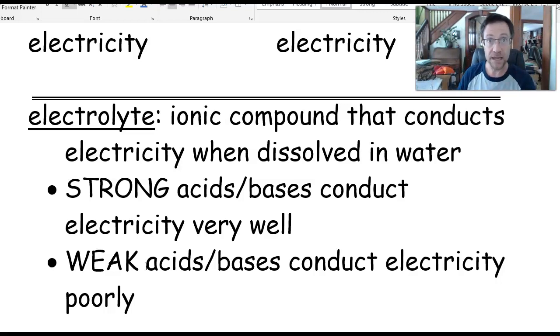And weak acids and bases conduct electricity relatively poorly at the same concentrations compared to their stronger counterparts. So strong versus weak in science does not mean whether it's concentrated or dilute. That's why we have molarity. That tells us how concentrated it is or isn't. Yeah? Moving on.